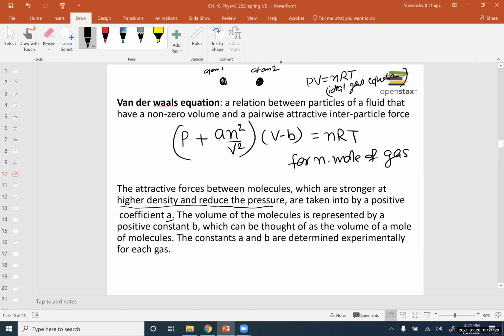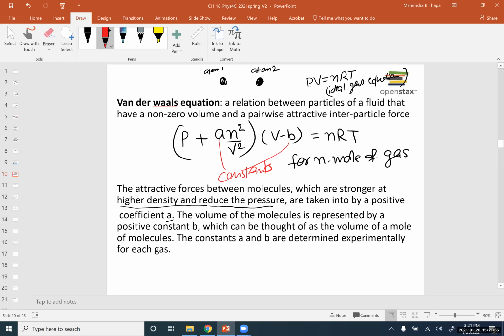So these are constant coefficients. And the volume of the molecule is represented by the positive constant b. So a and b are the constants that take into account two things: each molecule has a finite volume, and there is an intermolecular force between the atoms.